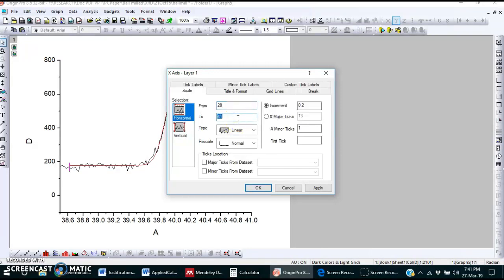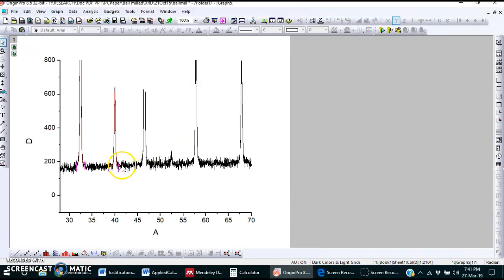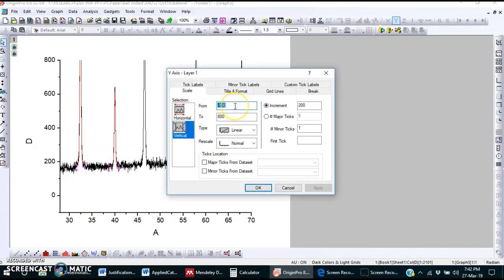Like this, we have to fit all the peaks. We have fitted only two peaks, this and this. We have to fit these three peaks also for the WH plot. At least 5 points we need for the WH plot.